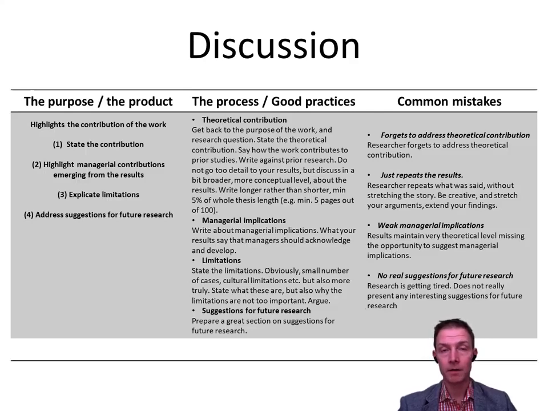To finalize, we went through the five chapters typical for any scientific work: introduction, theory, method, findings, and discussion. And we highlighted that before you start writing the work, you should already have a preliminary idea about the finding, about the figure or the picture that you see at the end of the findings section.